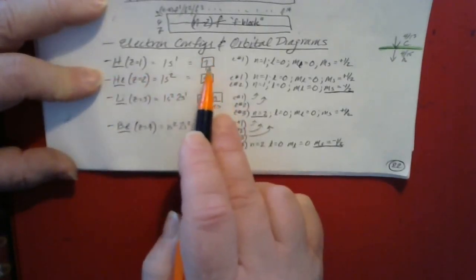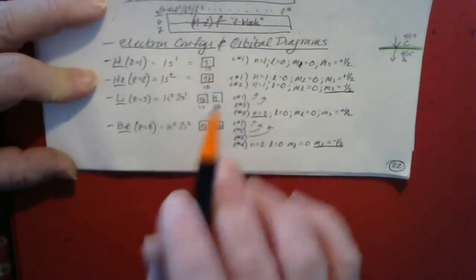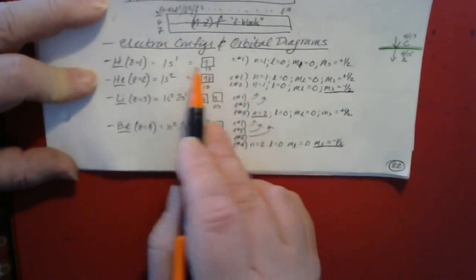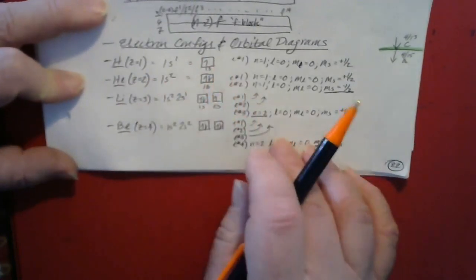The orbital diagrams are usually written with each orbital being represented by either a square or maybe a line or a circle or something like that.